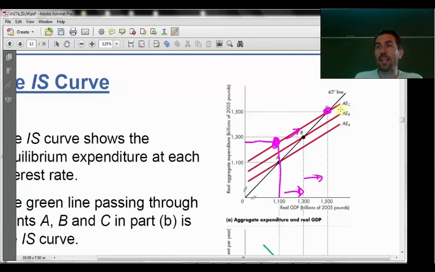At point C, they are spending as much as they are earning. They are not drawing down on their savings. They are saving, right? They are contributing towards savings, and those savings are being used for investment, and that investment is exactly what firms plan to invest. There's no unplanned changes in inventory, so everything they wanted to invest, they are investing, and that investment is equal to whatever it is that households are saving. You with me?